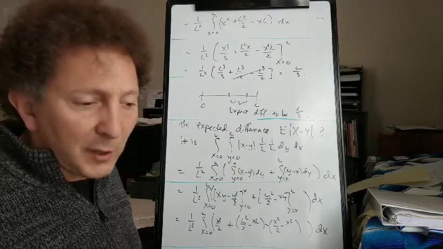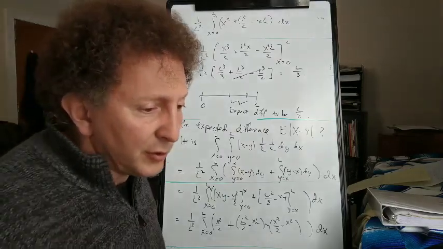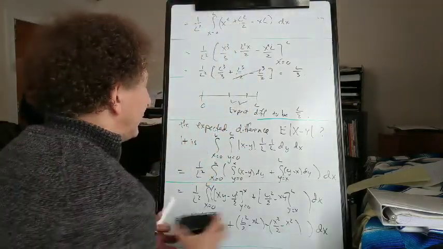All right, let's do an example now with discrete random variables.